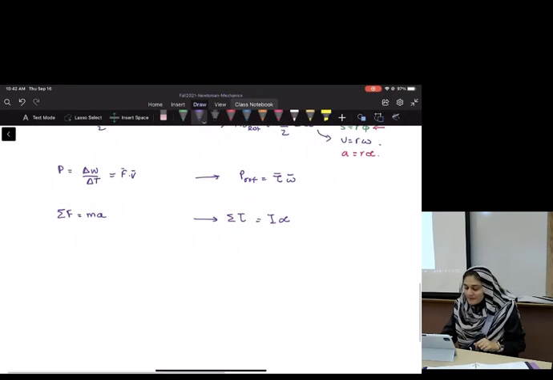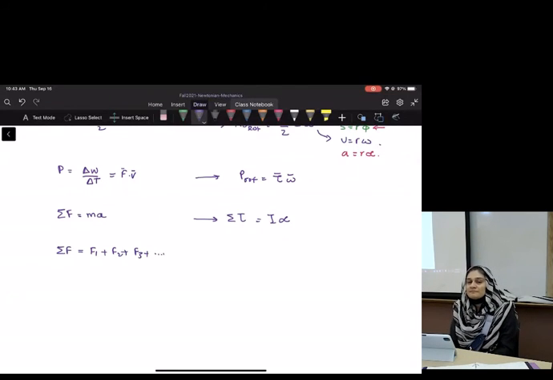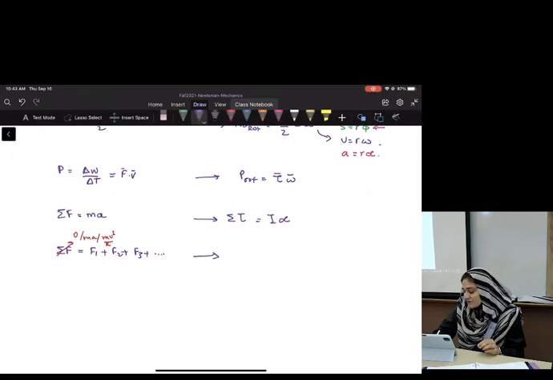Okay, next one. Newton's second law said that the sum of the forces equals force 1 plus force 2 plus force 3 and so on. Is that what we've been doing for Newton's laws? Yes? Yeah. We write all of the forces, and then at the end we say whether this is 0 or ma or mv squared over r, correct? Okay, so what do you think the counterpart for that is for rotation? What did we call the force?